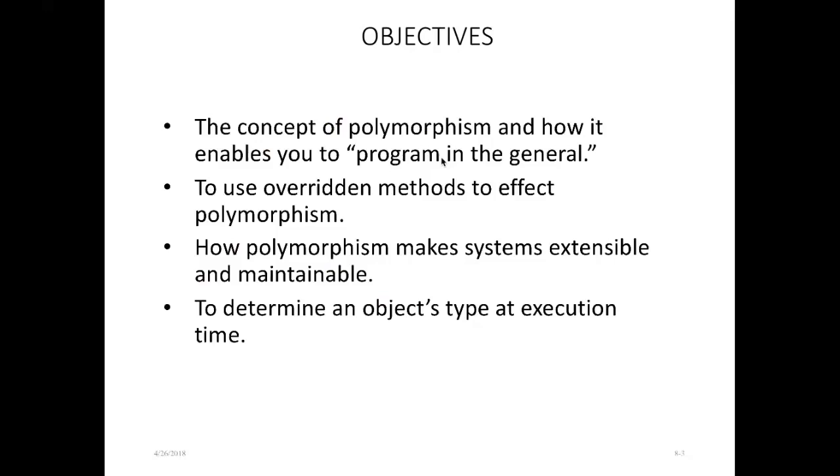Based on the number or size of the arguments, the appropriate method is called. That is called method overloading. I discussed it last class. Today I will be showing method overriding.